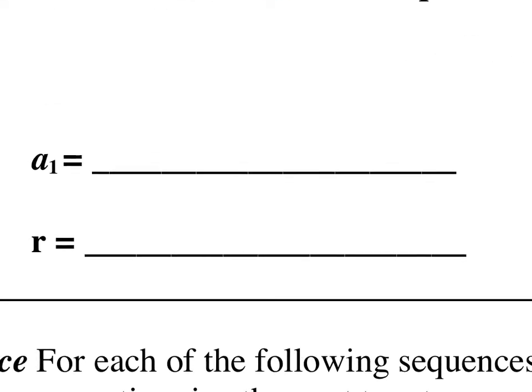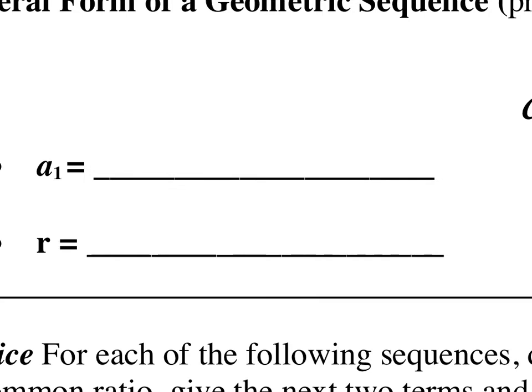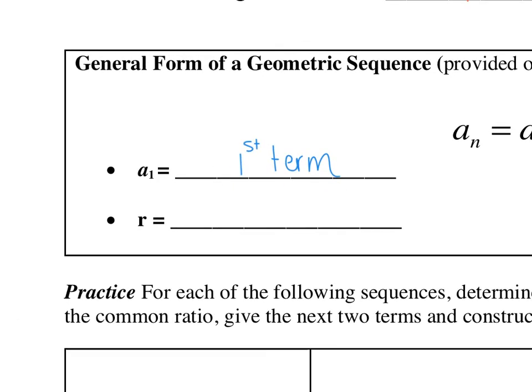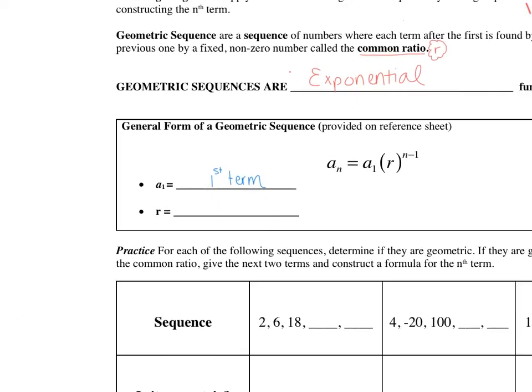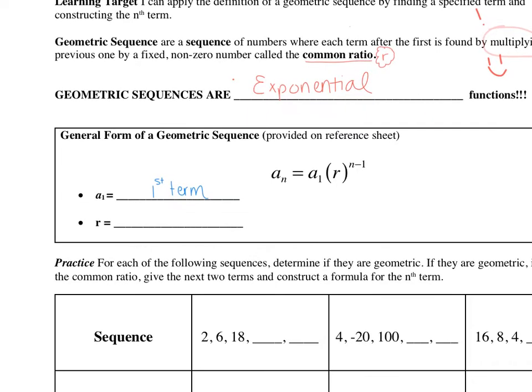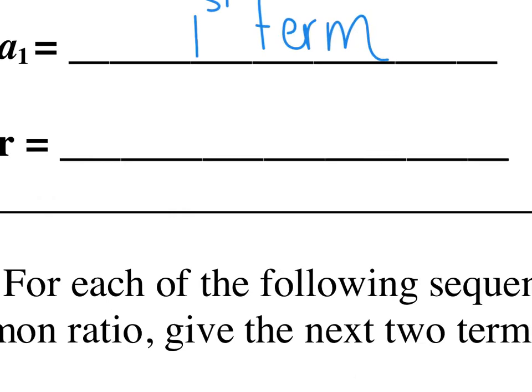A sub 1 is simply your first term. So basically, I look at a sequence and I just look at my first term and I put it in for a sub 1. And r is our common ratio. We're going to write that in.